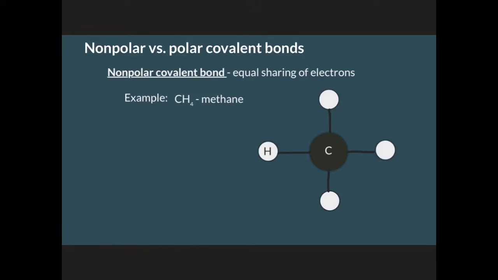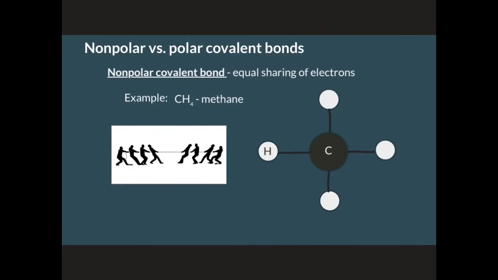In this case, there is an equal sharing of electrons between the carbon and all 4 hydrogens. This equal sharing of electrons means that there is no charge. So in nonpolar covalent bonds, there is no charge seen on that molecule. Another way to look at this is to look at an equal tug-of-war game in which both sides have equal forces.